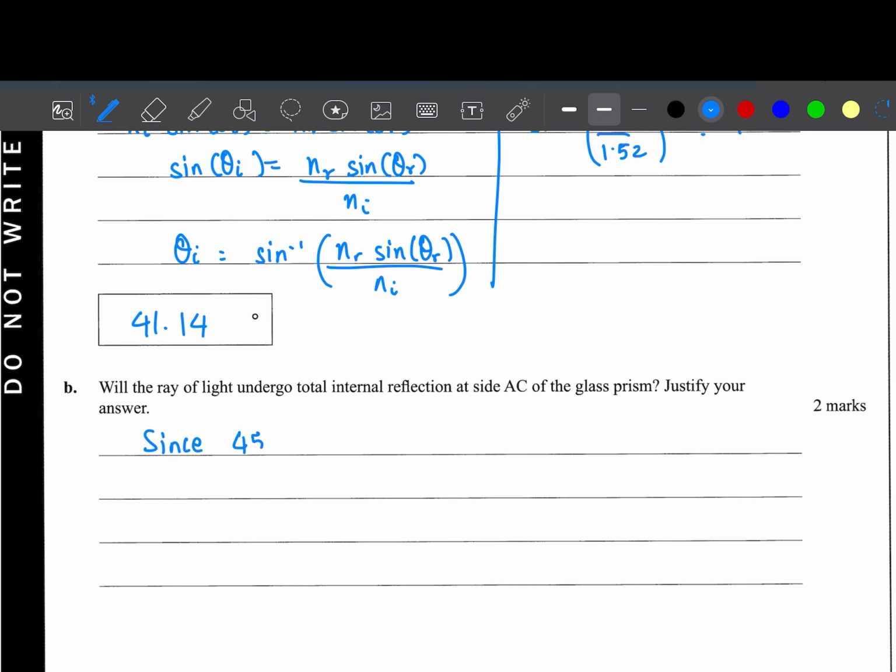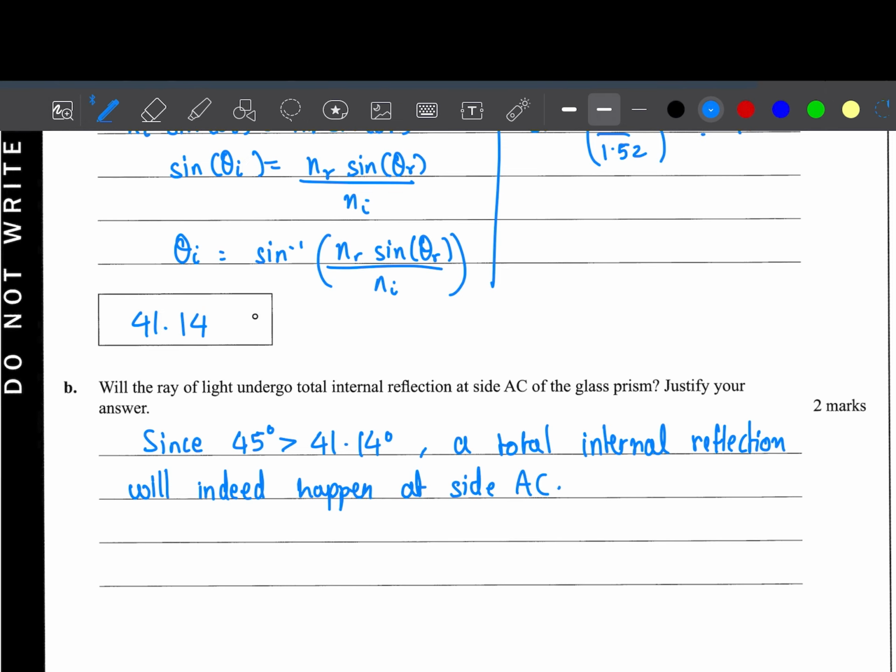Since 45 is greater than 41.14 degrees, a total internal reflection will indeed happen at side AC.